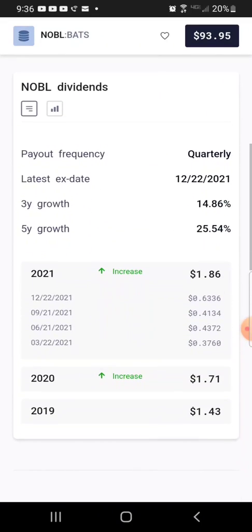And as you guys can see, of course, it's been increasing its dividend over time because it's invested into Dividend Aristocrats. So it's a pretty safe ETF, because it's only invested into Dividend Aristocrats. So of course it's going to keep increasing its dividend payment. Again, this is one of the ETFs that I hold in my retirement because of this.